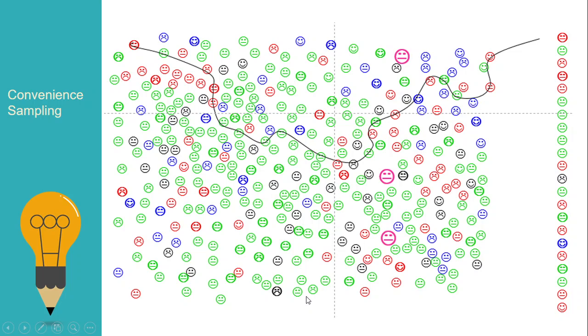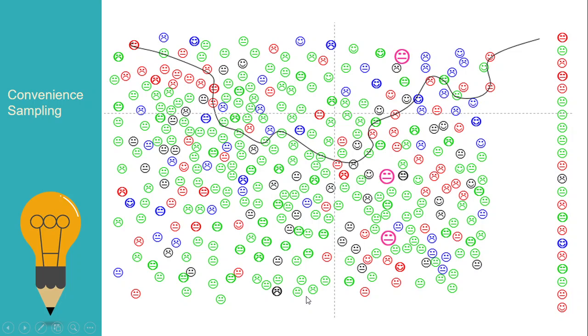Now this is convenience sampling. Convenience sampling is a type of non-probability sampling in which people are sampled simply because they are a convenient source of data for researchers. In probability sampling, each element in the population has a known non-zero chance of being selected through the use of a random selection procedure.